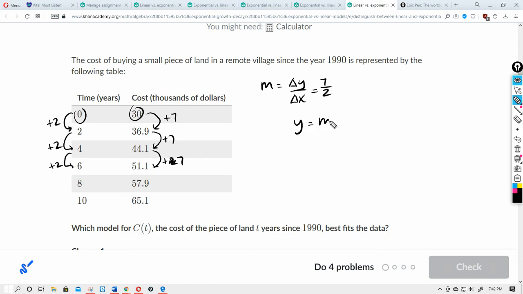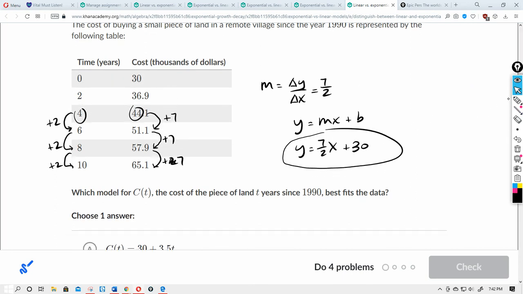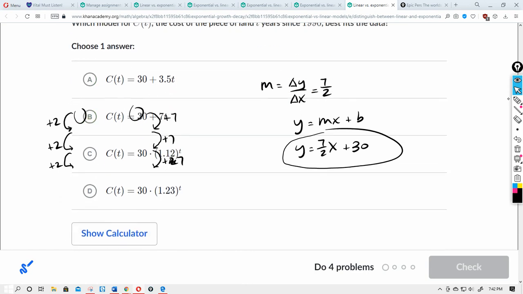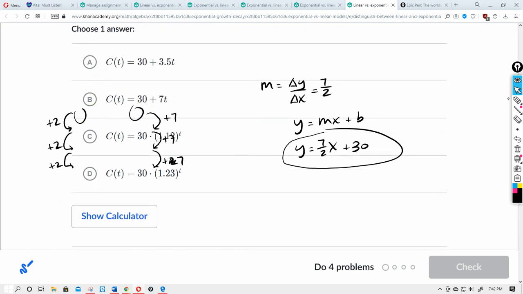So y equals mx plus b is going to be y equals m, which is 7 halves, times x plus b, which is 30 in this case. 7 halves is the same as 3.5. So 3.5t plus 30. See, they use t instead of x, but it's the same thing.